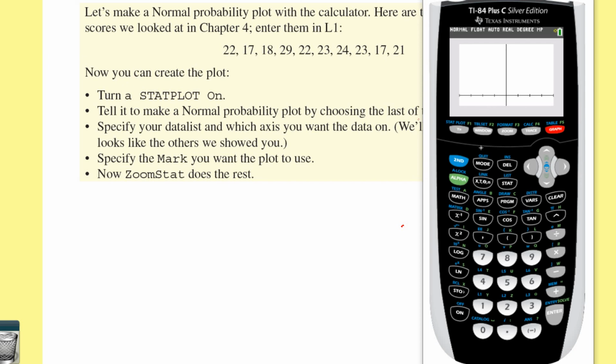Silly me. My goodness, my calculator's slow. Okay, so zoom stat. There we go. Now we can see what that looks like.